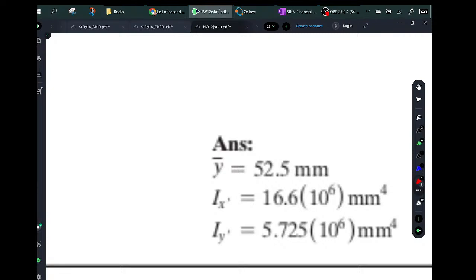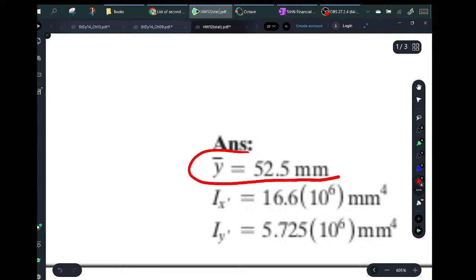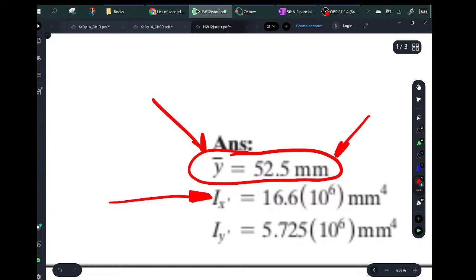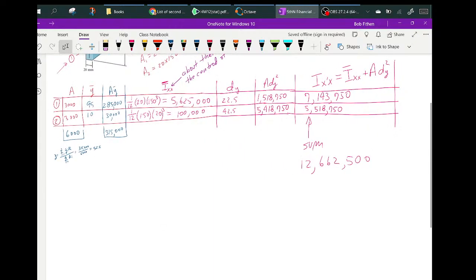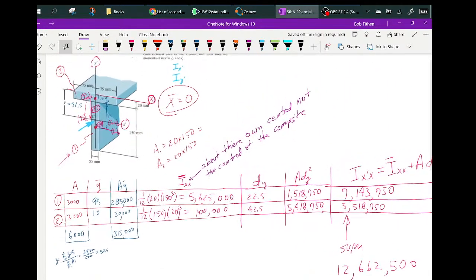Let's see if we can figure it out. Okay, first of all, it did tell me 52.5. We don't have this. So we've made an error along the way. So let's not panic. I'm assuming that we made an error. In the dynamics a minute ago, the book was kind of off on that. But let's assume this looks about right, so 16.6. See if we can go back and find our error here. Okay, so first, let's go back.